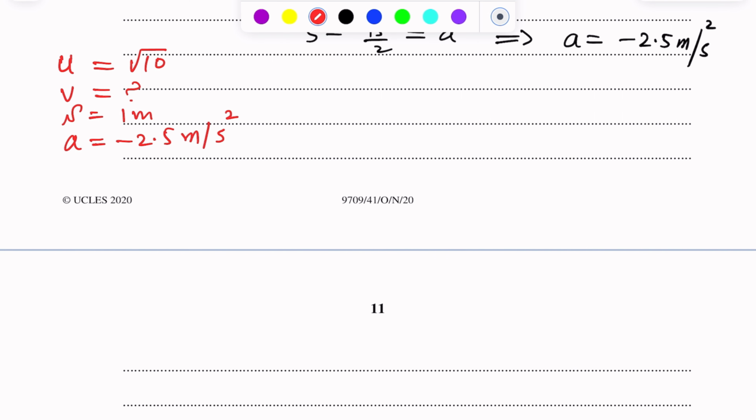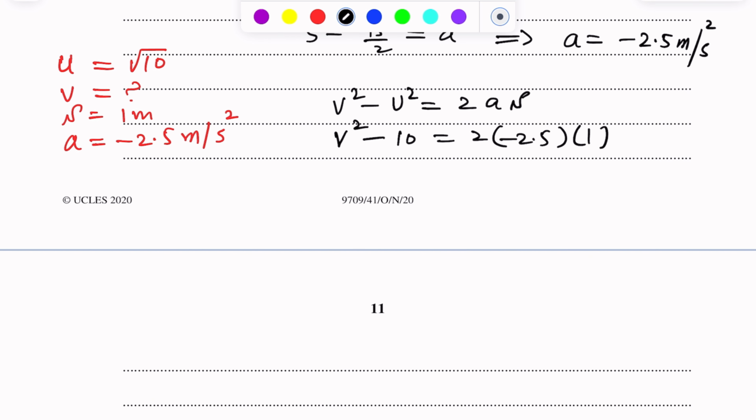Now using this equation, v square minus u square is equal to 2as. We have to find v square. u square of under root 10 is 10, is equal to 2, a is negative 2.5 and s is 1.